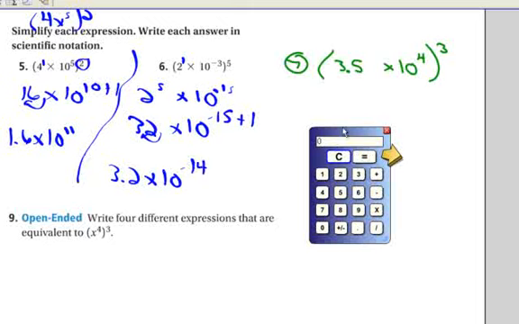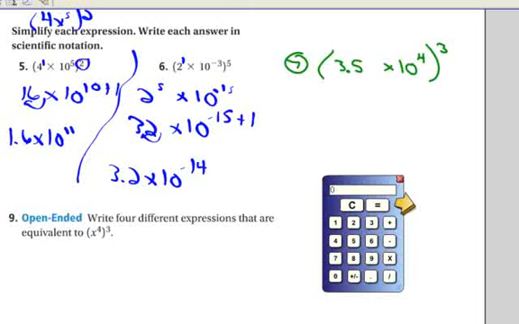Let's move this calculator out of the way a little bit. So we do have a little bit of space. Alright, 3.5 to the 1 times 3, so 3.5 to the third times 10.